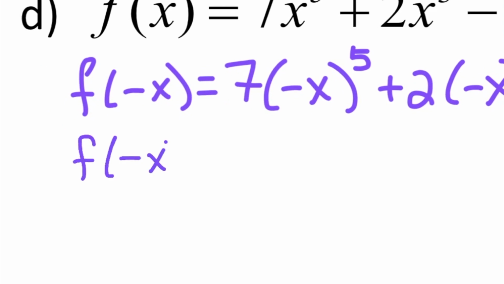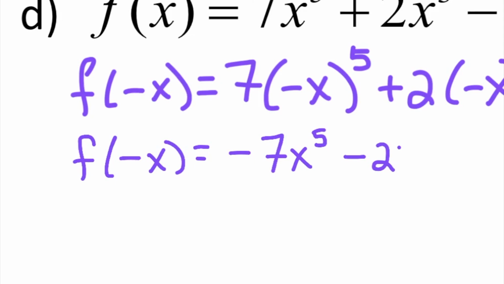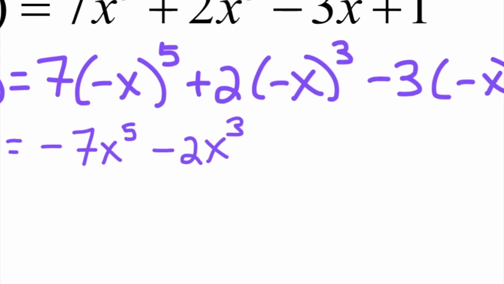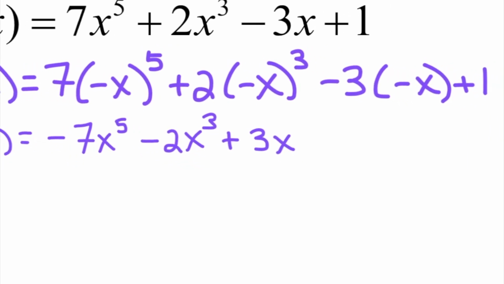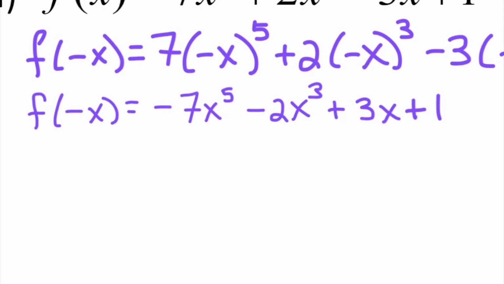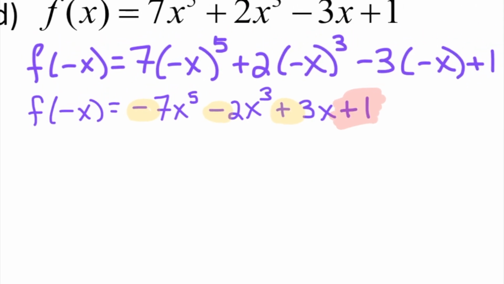So now f of negative x equals negative 7x to the 5th minus 2x to the 3rd plus 3x, and then plus 1. Now here, the first sign changed, the second sign changed, and the third sign changed, but the sign on the last term did not change. That's still the same as the original function.